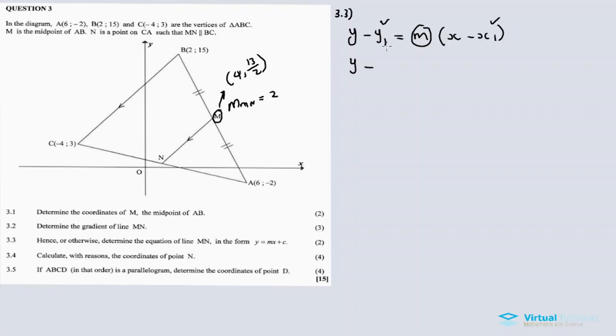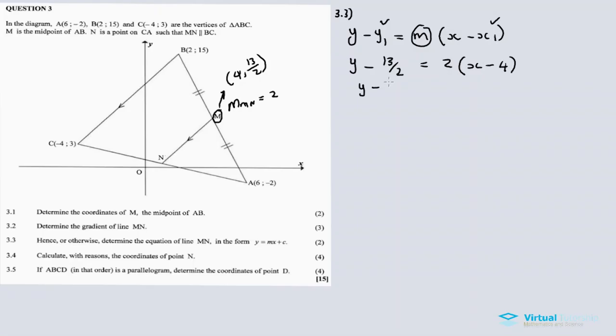So y minus y1, 13 over 2, equal to the gradient of 2, x minus x1, which is 4, so it's minus 4 here.